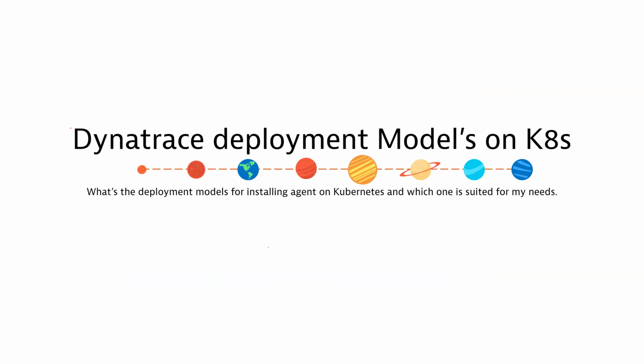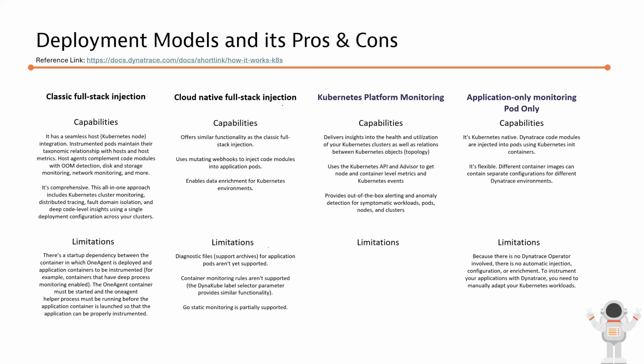So what are the different deployment models that I have for the one agent, which could be deployed on my Kubernetes instance? There are primarily four that we are going to talk about in today's session. Apart from these four, there are two or three more strategies that we use, but that totally depends upon which scenario you are in, right?